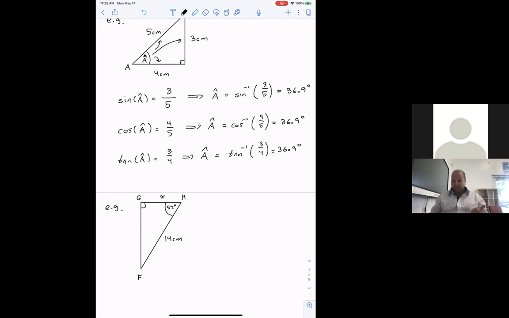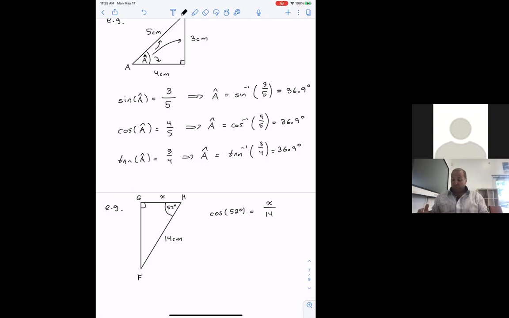We're going to need that. And we're looking for the side adjacent to the angle. So we need adjacent and hypotenuse. Which of my three trigonometric functions, sine, cosine, or tangent, deals with adjacent and hypotenuse? That's the cosine. So cosine of 52 degrees is equal to the adjacent side, which is x, over the hypotenuse, which is 14. And here we have an equation involving the variable x.